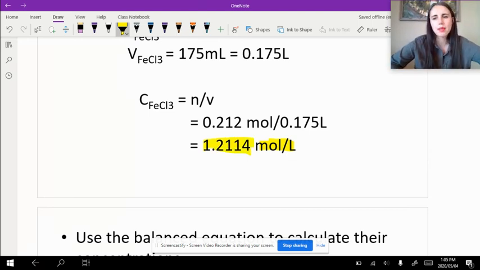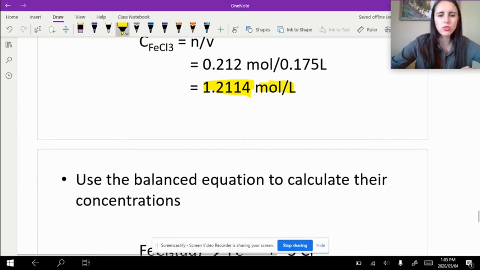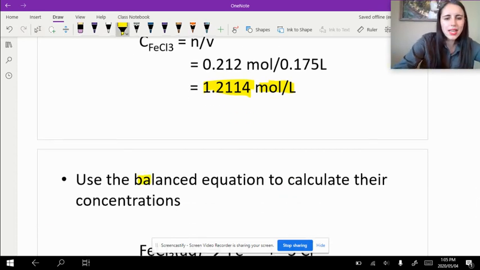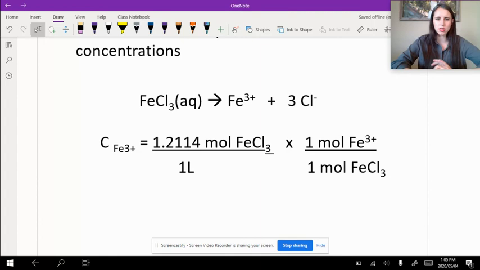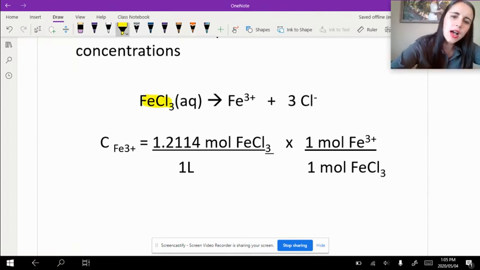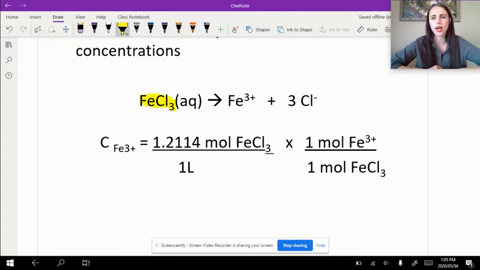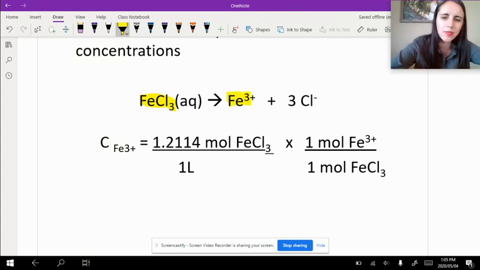Now my next step is to look at my molar ion concentration, so the concentration of my ions. In order to do this, I'm going to use the balanced chemical equation, and that's going to tell me how many ions I'm producing. Iron 3 chloride is going to break down and form iron and 3 chlorines.